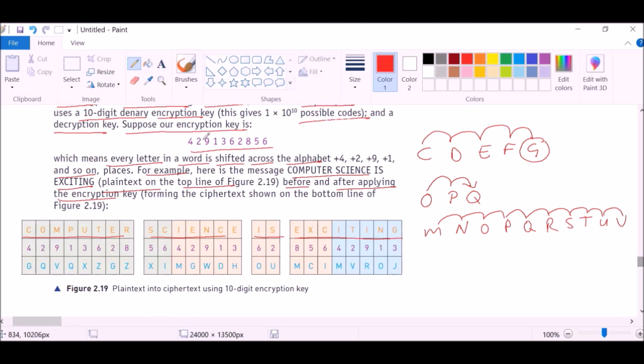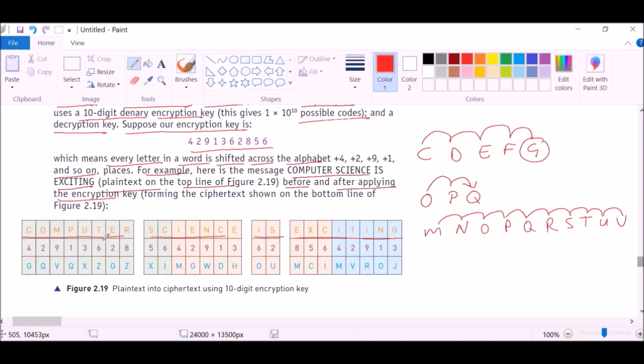We shift it 9 times, so it is represented by V. For P, we move it 1 time. P moves to Q. So P is represented by Q.